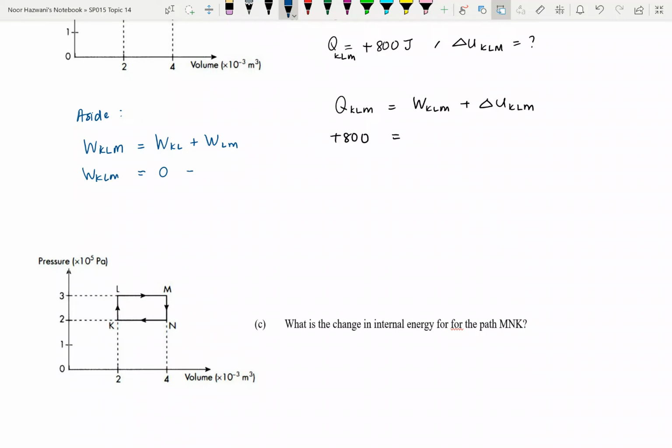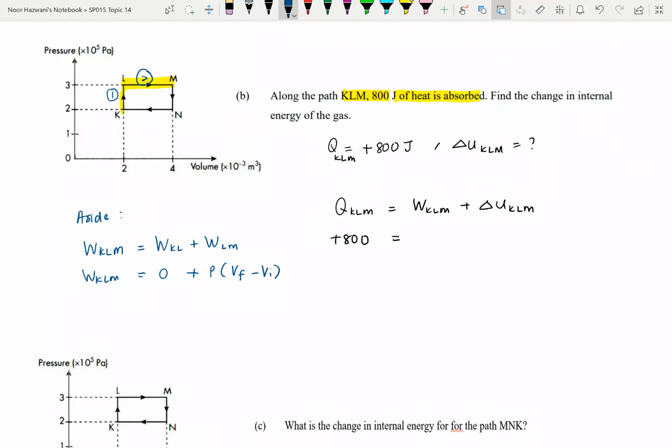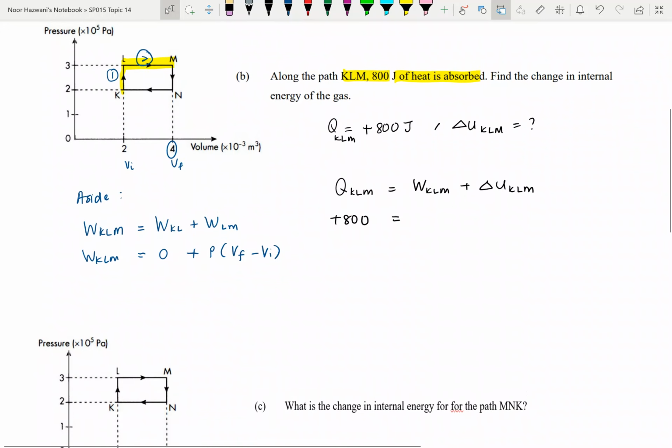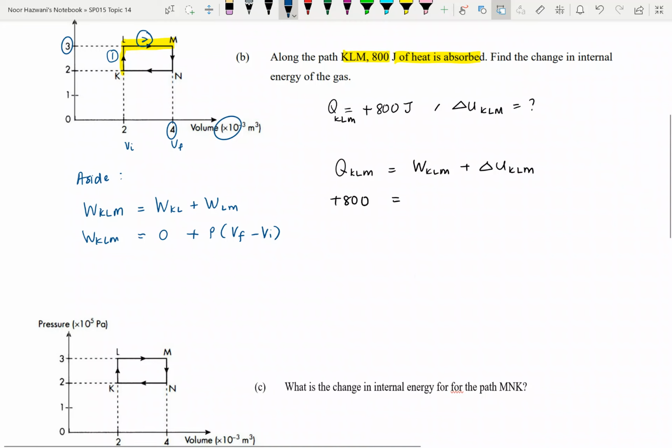Okay, so work done for LM, we will use P times V final minus V initial. Okay, so you have to look. This is V final, and this is V initial because the arrow is going from 2 to 4. Okay, so the pressure is 3 times 10 to the power of 5. The volume too, don't be careless because in the bracket it says times 10 to the power of negative 3.